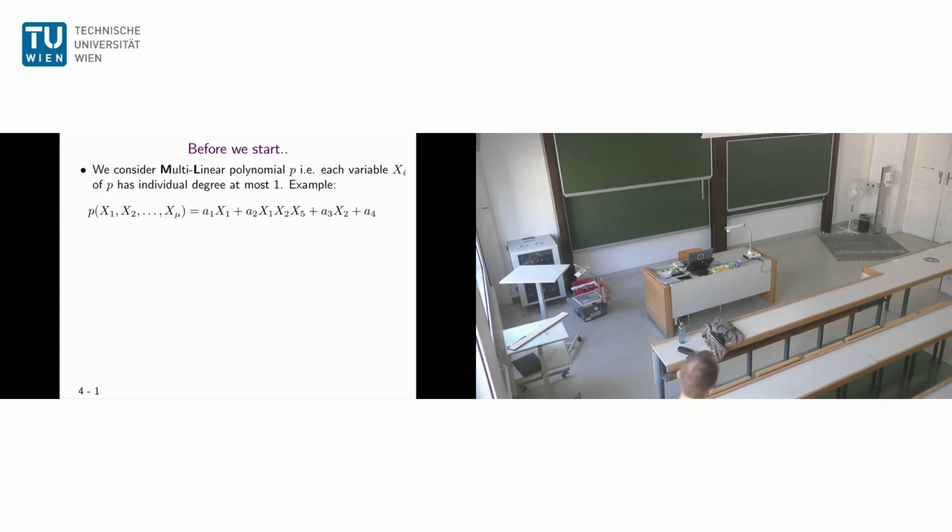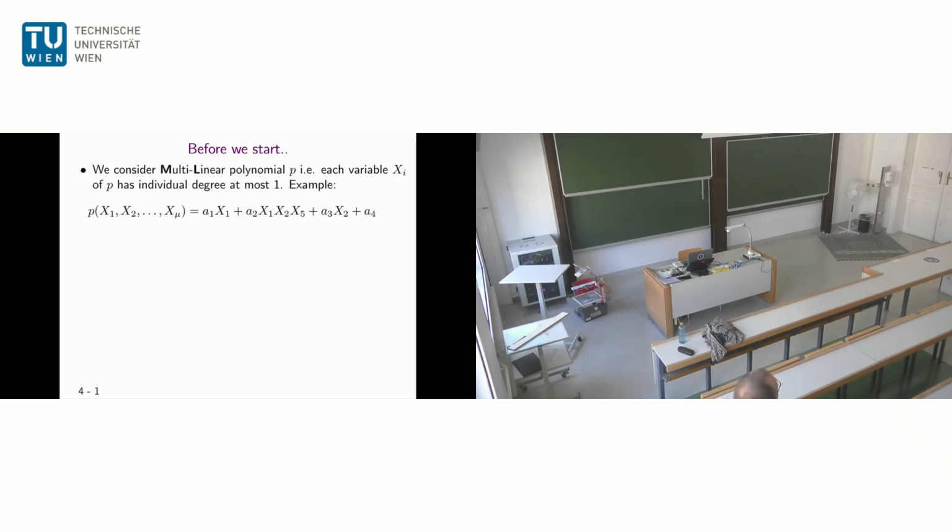Before we go a bit more into the protocol, let's recap what a multilinear polynomial is. As I said, it has mu variables. We're going to stick with multilinear polynomials, which are a special case of multivariate polynomials, in the sense that each variable has no power.